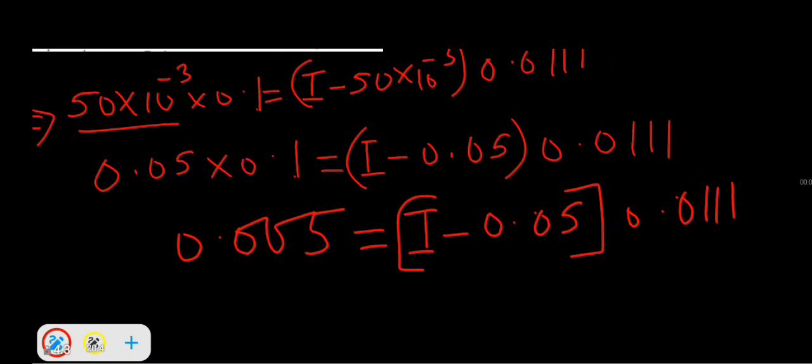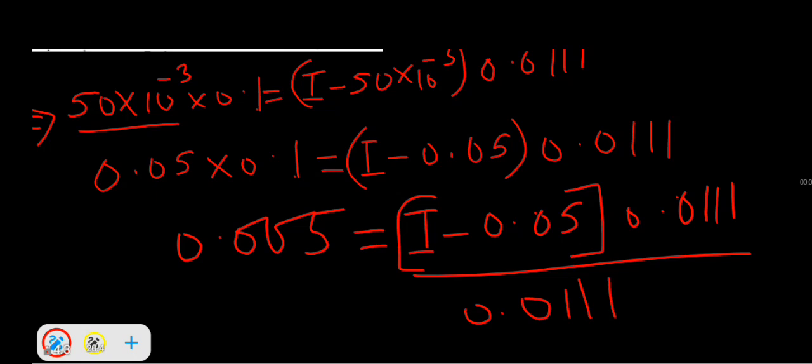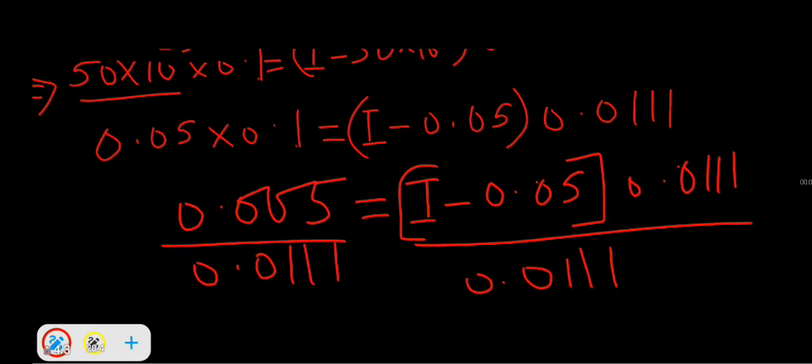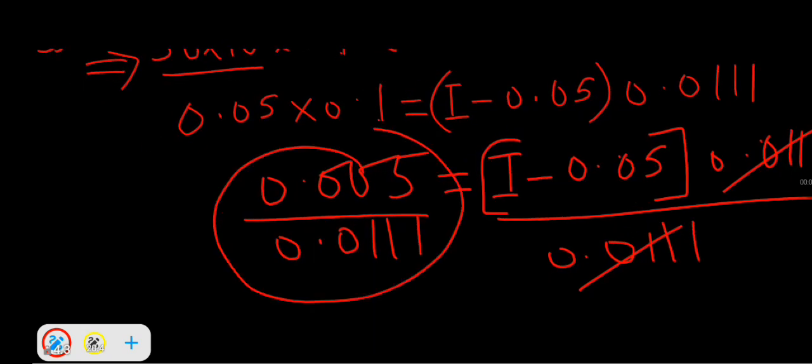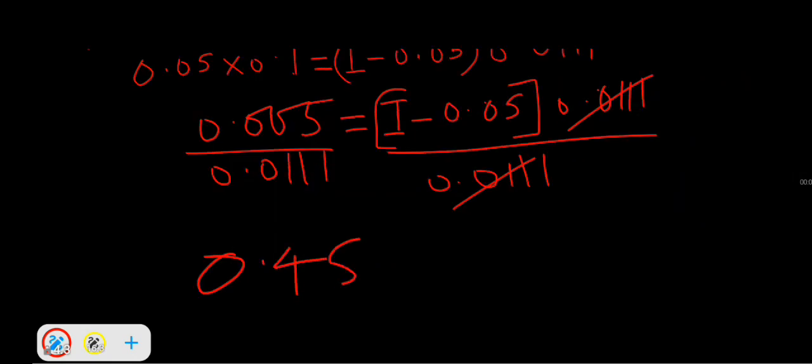So let's divide both sides by 0.0111. These two cancel out. If you divide 0.005 by 0.0111, you will get 0.45. Then this part will still remain like that, I minus 0.05.